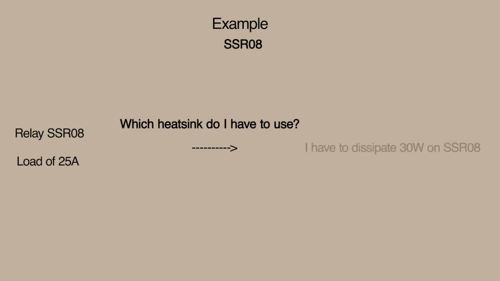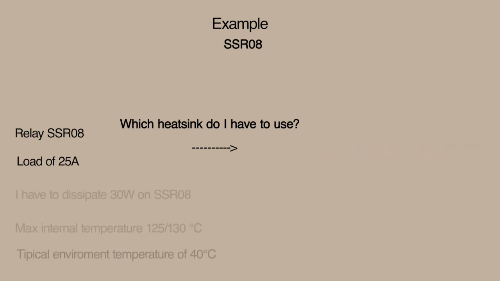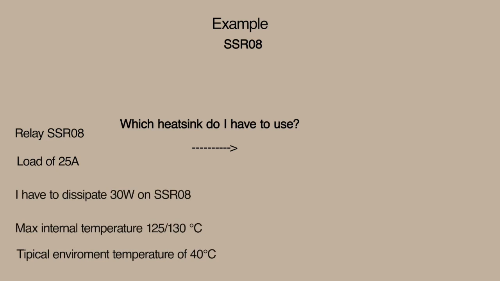As in an industrial application, we can consider to have more or less 40 degrees, and we know we can't exceed the 100 degrees on the metal plate of the SSR, we have a maximum allowed delta T of 60 degrees.